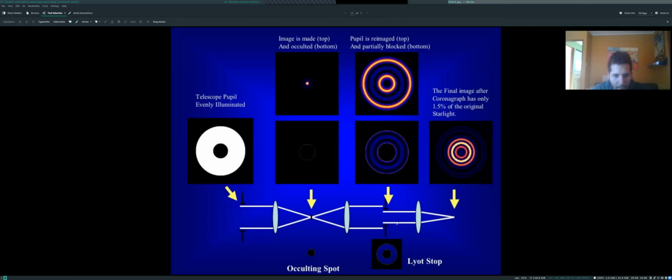Ahora, ese Lyot stop no me queda muy claro cuál es la utilidad. Yo creo que ahí son como detalles que no cacho tanto. Creo que tiene que ver con estos anillos de difracción que se forman. Cuando tú bloqueas, empiezas a tener anillos de difracción y para poder usarlo necesitas tener este Lyot stop.